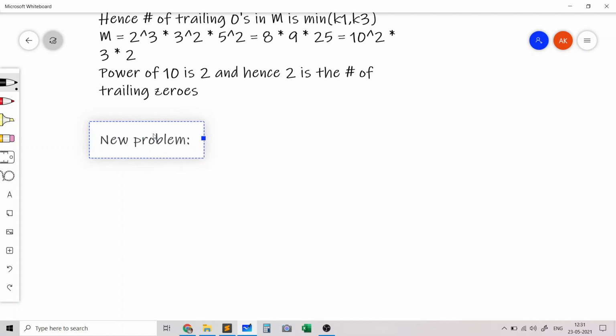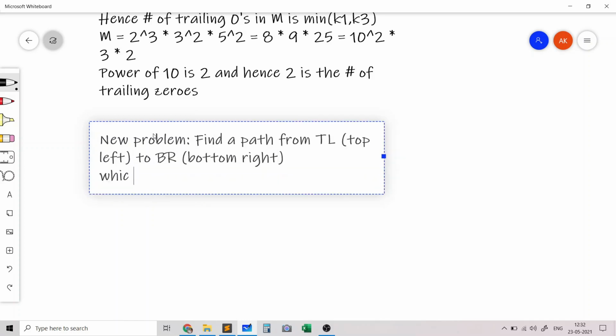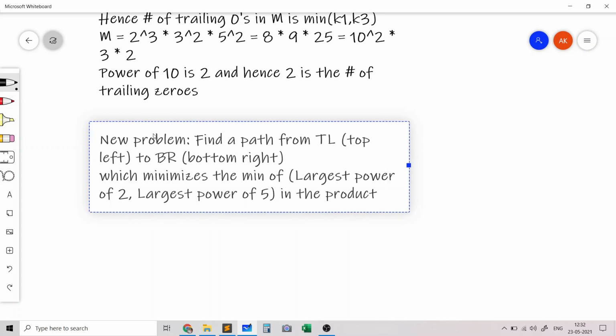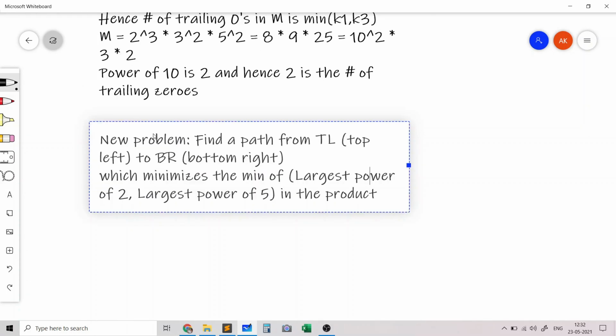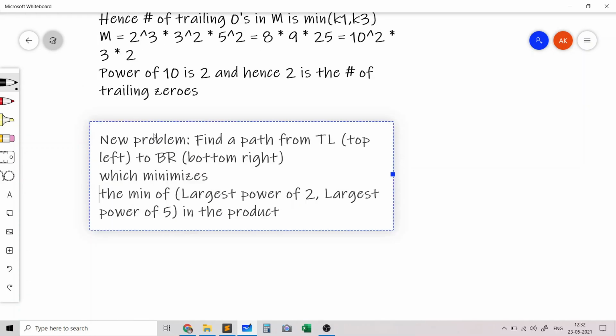So the new problem is that we need to find a path from the top left to the bottom right, which minimizes the minimum of the total power of 2 and the total power of 5. So as you can see, this is the new problem which we have reduced the original problem to. So the question is, how do we do this?